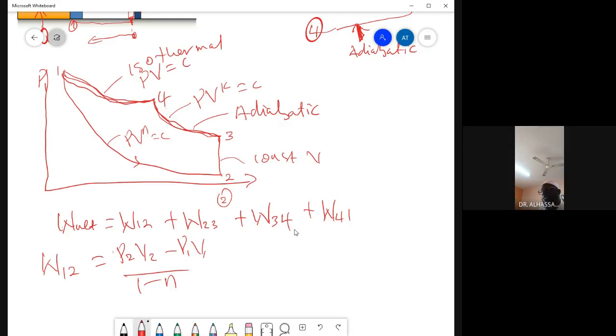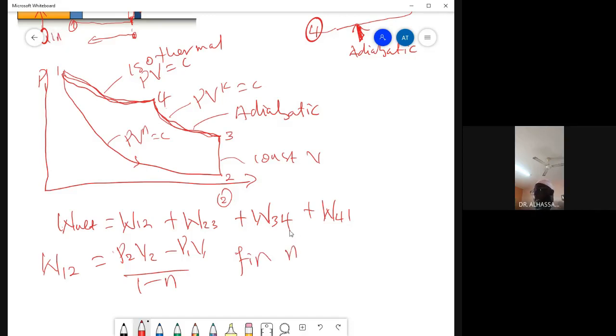You understand me? N is called a polytropic index. So in the question, if we know P1, P2, and V1, V2, we can easily determine the value for N. N is an unknown parameter here. Okay, so we have to find N.